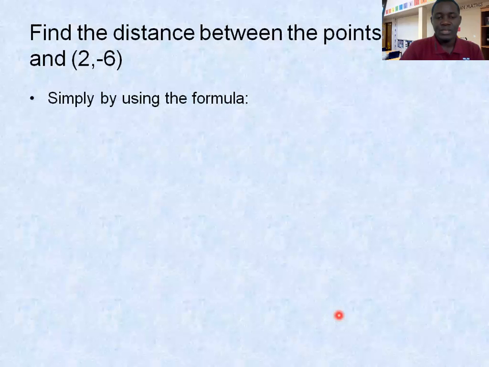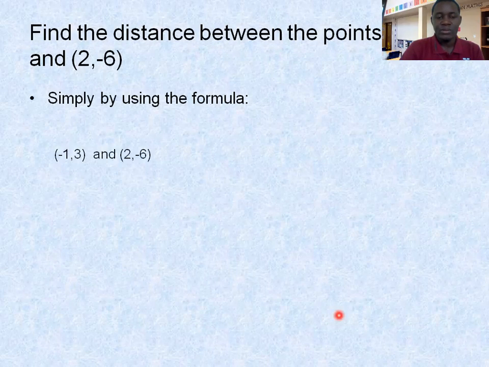Find the distance between the points (minus 1, 3) and (2, minus 6). All we need to do is simply recall our formula. But first of all, for the points that you are given, you can decide which of them will be your x1, y1, and which will be your x2, y2. That's very easy. I'm going to make (minus 1, 3) my x1, y1, and (2, minus 6) my x2, y2.